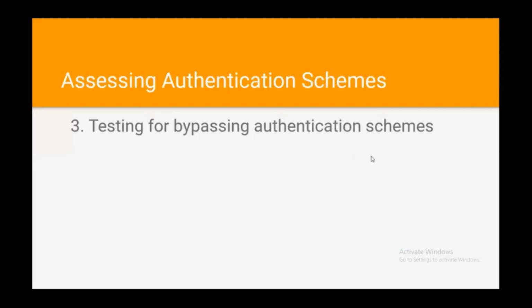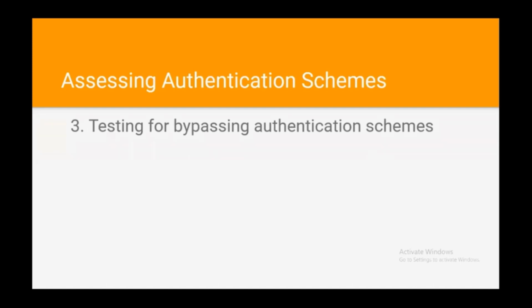Now the third one is testing for bypassing authentication scheme. In this scenario, we are testing whether the application may contain flaws allowing unauthorized access by bypassing the authentication. Bypassing techniques include direct page request, parameter modification, session ID prediction, and SQL injection.